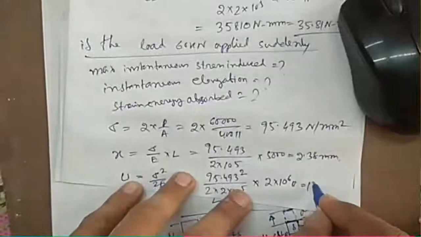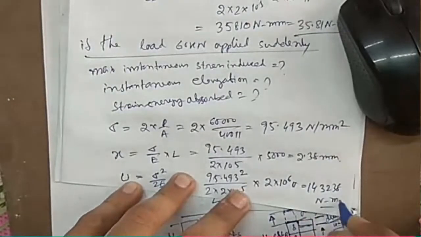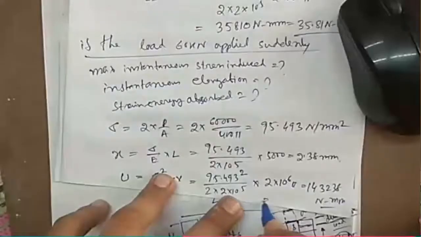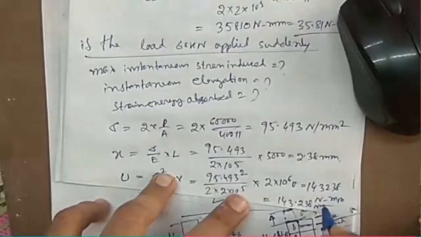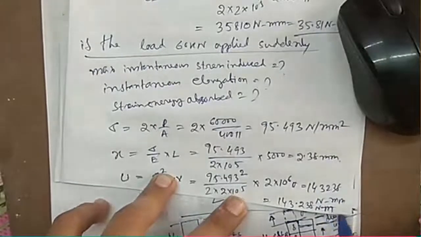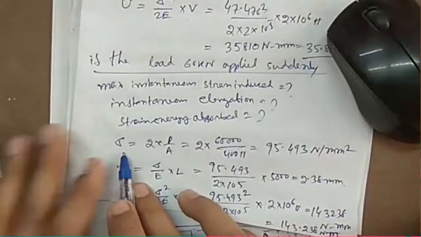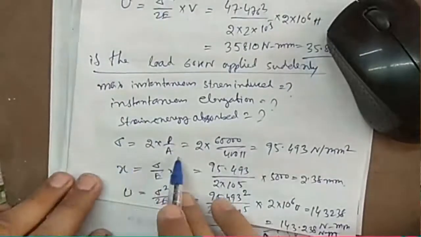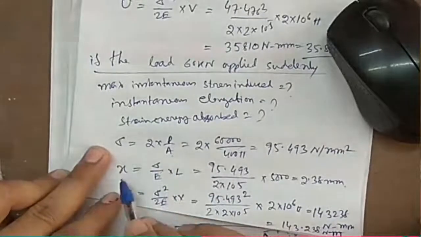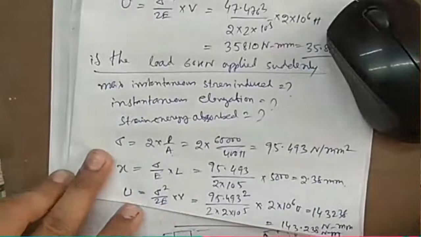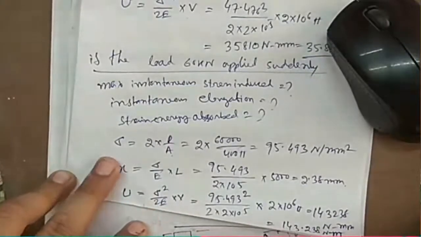Finally we get 143238 Newton millimeter, so 143.238 Newton meter. So actually the stress is getting doubled, and we put this value of stress in the formula of stretch and stored energy. Okay, so this is how we will solve the problem.